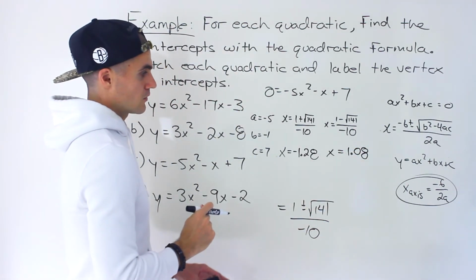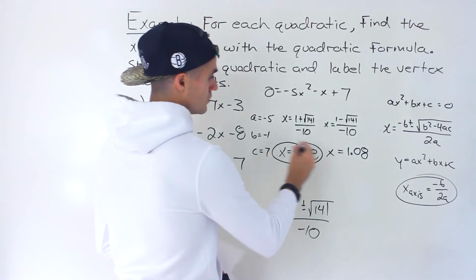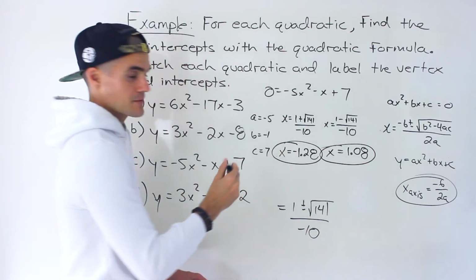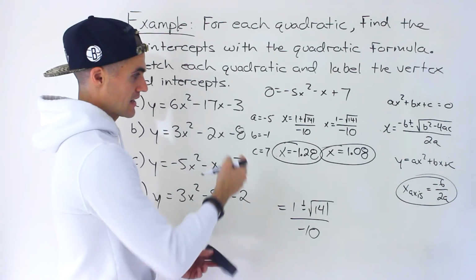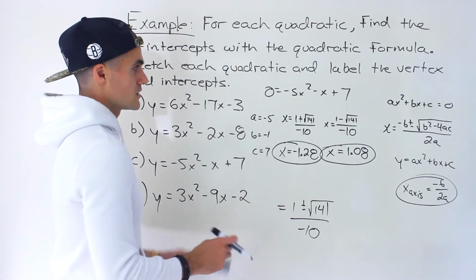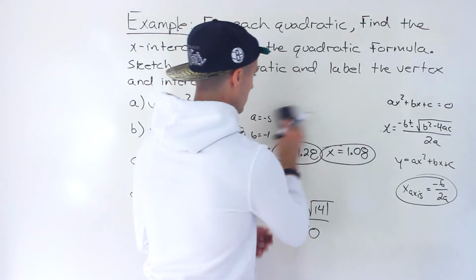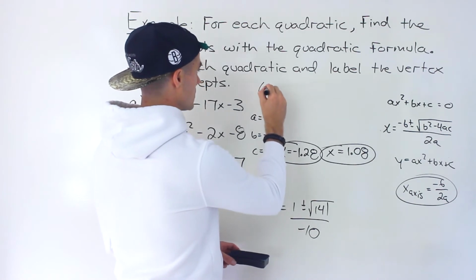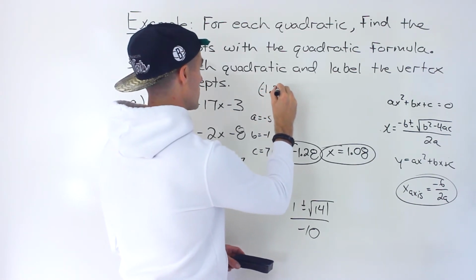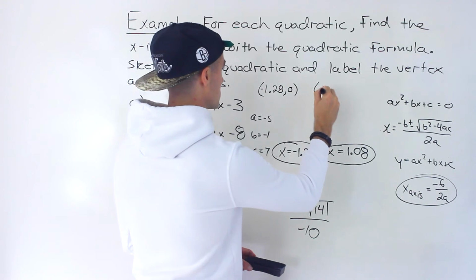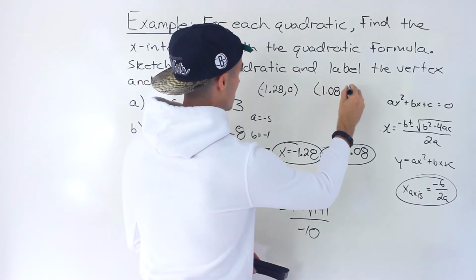Right, so those are the two x-intercepts as decimals, and I rounded these decimals as well. So let's keep track of these up here. The two intercepts are going to be negative 1.28 and 0, and then positive 1.08 and 0.